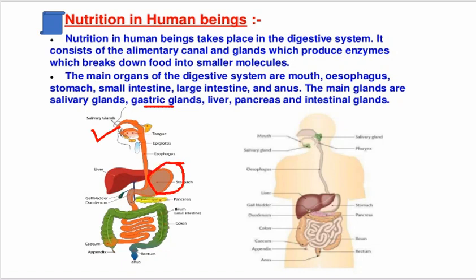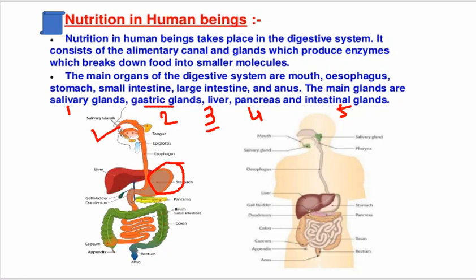So the salivary is first, the gastric gland is the second, then the liver, which is the largest gland, we all know about it. Then the fourth one is the pancreas, and the fifth one is the intestinal gland. Clear? So these 5 are the glands and the 6 are the digestive organs.